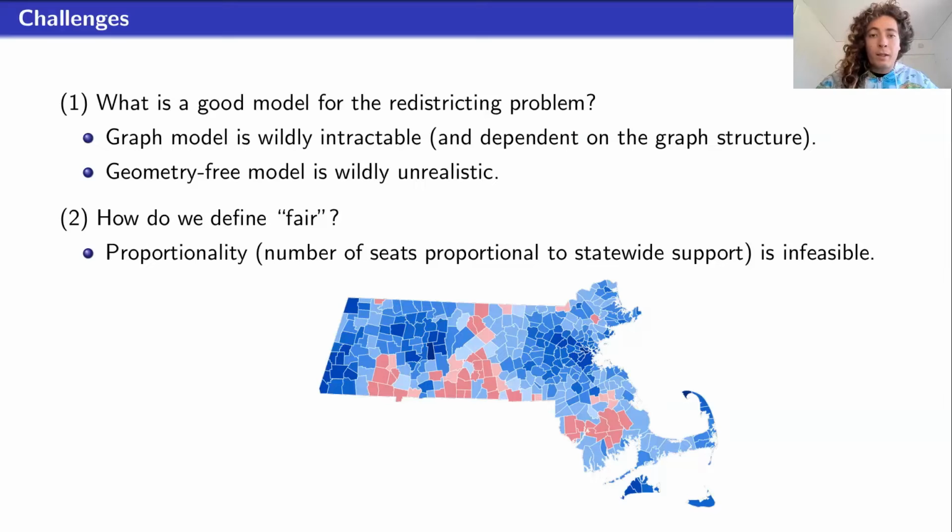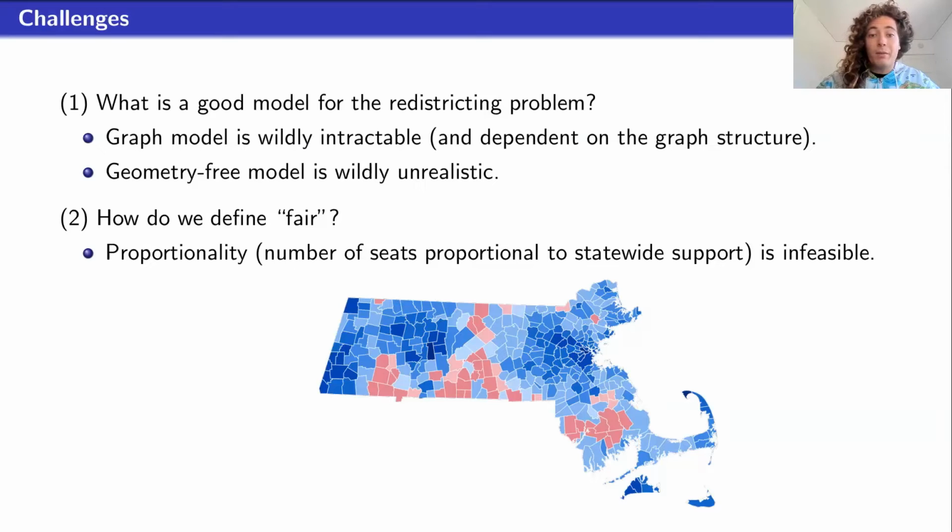has nine seats in the House of Representatives. And based on the last census, they had roughly about a third of the support statewide. So they should get about 3 districts. But in fact, it's not possible to draw even a single district that complies with all the legal requirements of Massachusetts that gives the Republicans a majority in that district.